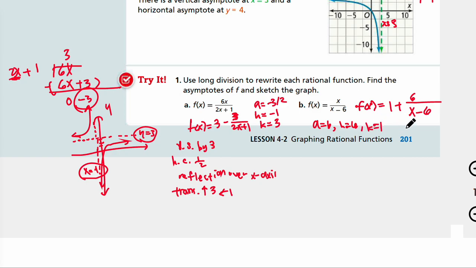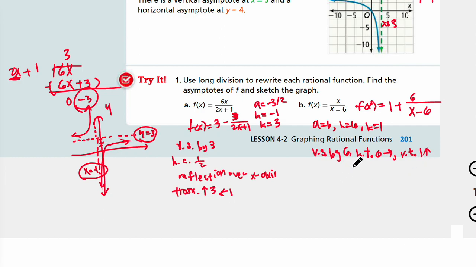So we have a vertical stretch by 6, a horizontal translation 6 units to the right, and a vertical translation 1 unit up.